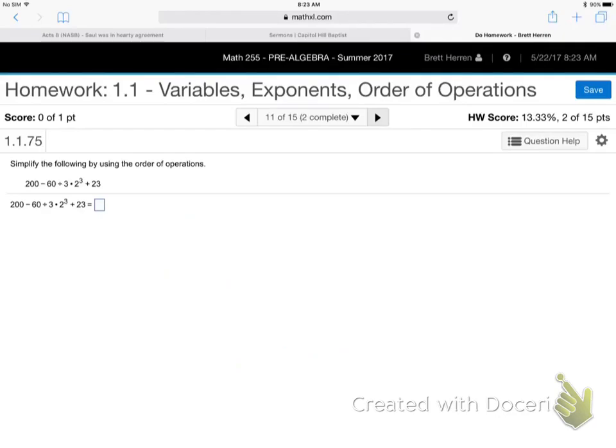So, all right. Try that one. 200 minus 60 plus 3 times 2 to the third plus 23. Okay, so remember, adding, subtracting is last. Do everything else first.